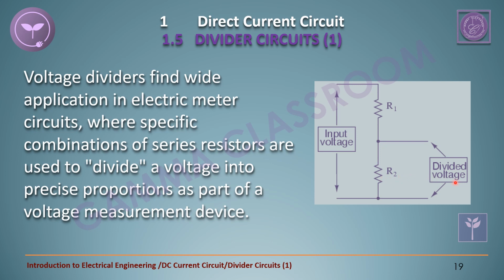Then we can get the divided voltage. This we call the voltage divider. We can change the value of R2 to a different value and get a different divided voltage.